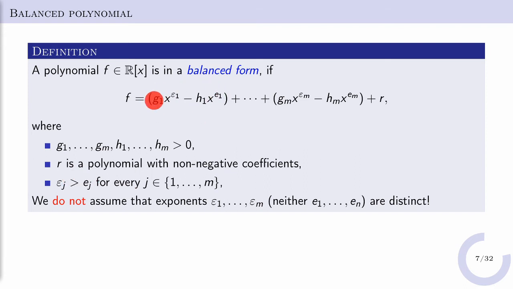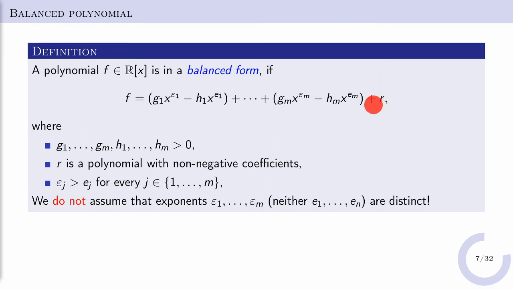So in every parenthesis we have a difference of two monomials such that the coefficients of both monomials are strictly positive, but the exponent of the first monomial is greater than the exponent of the second monomial. And in addition, we may have some additional polynomial R with non-negative coefficients.